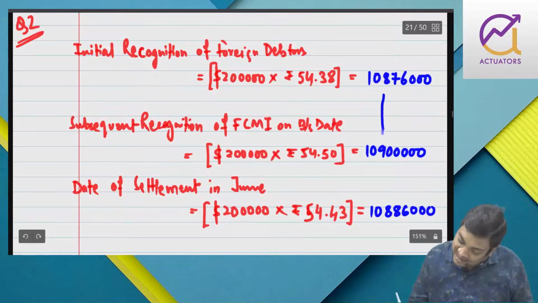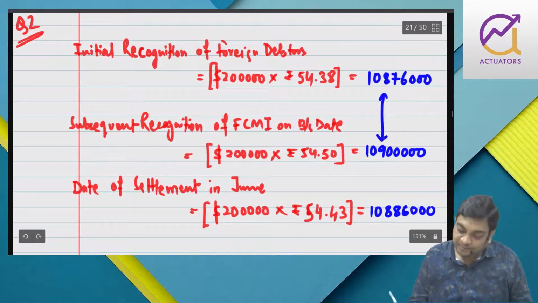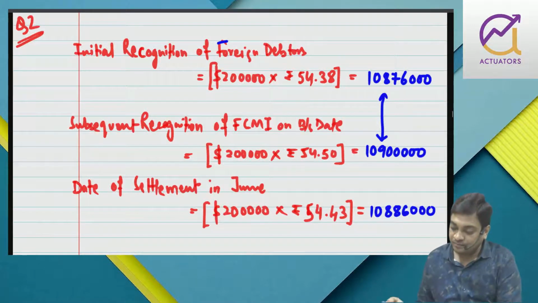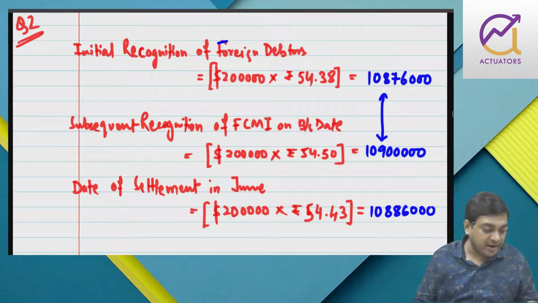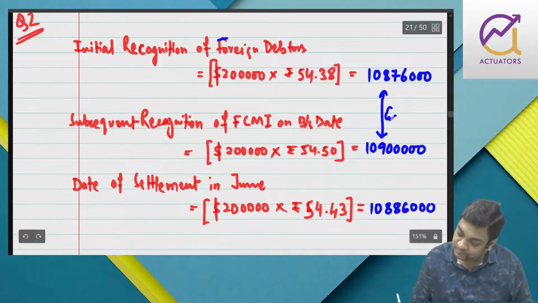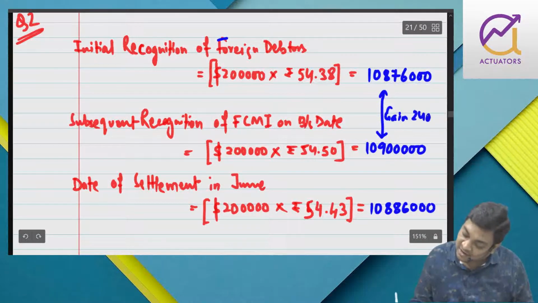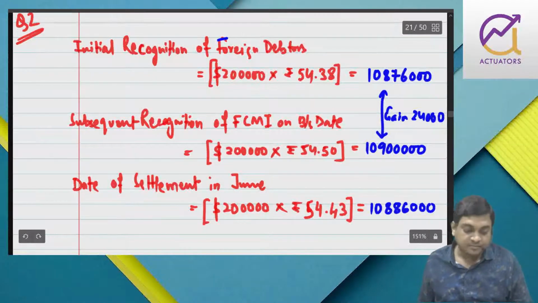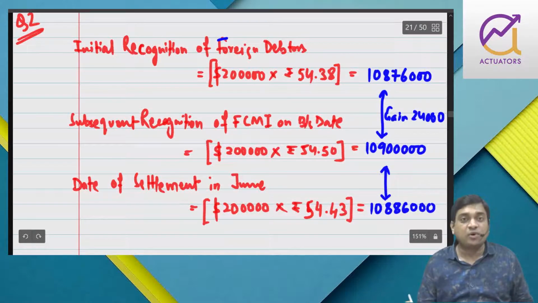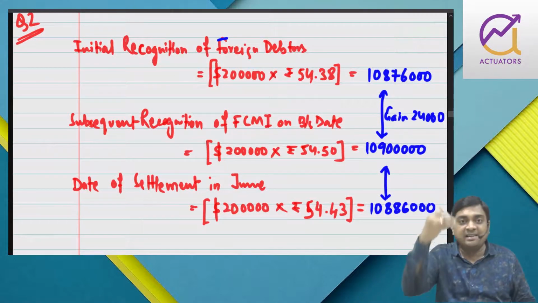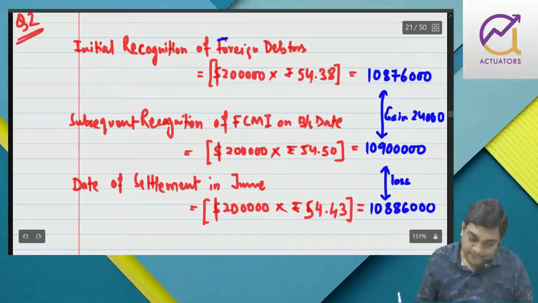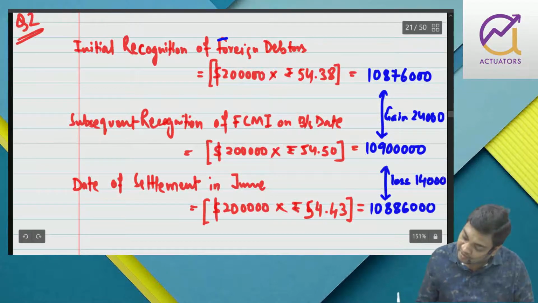So now you can see that initially it's an asset, right? The value of asset has been restated at a high value. So there is a gain of 24,000, and now since it has been restated at 54.5, on the date of settlement the exchange rate has fallen, so there is a loss of 14,000.